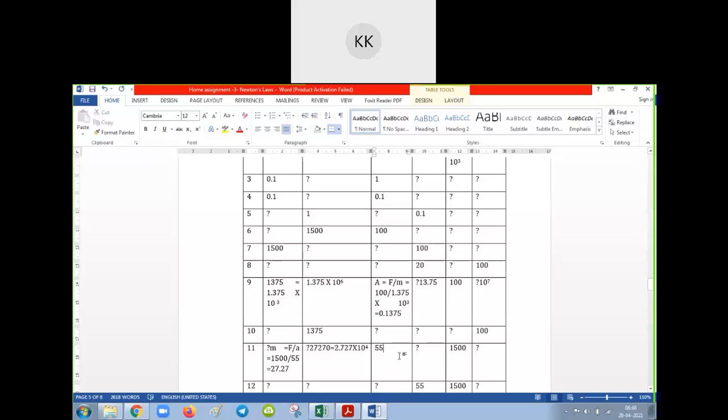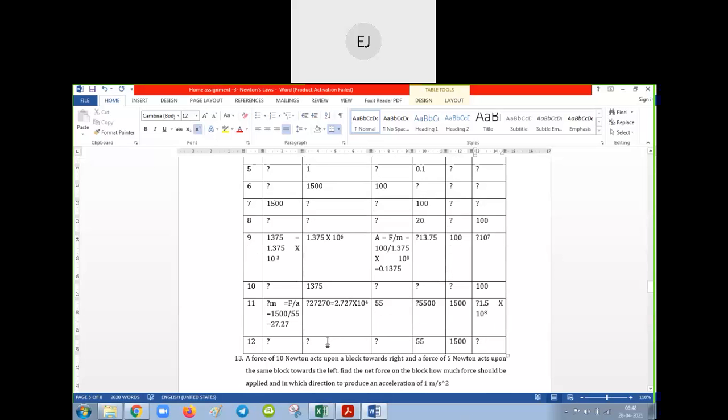Then here this is 5500. Then here it is 1500 into 10 power 5. It is nothing but 1.5 into 10 power 8.